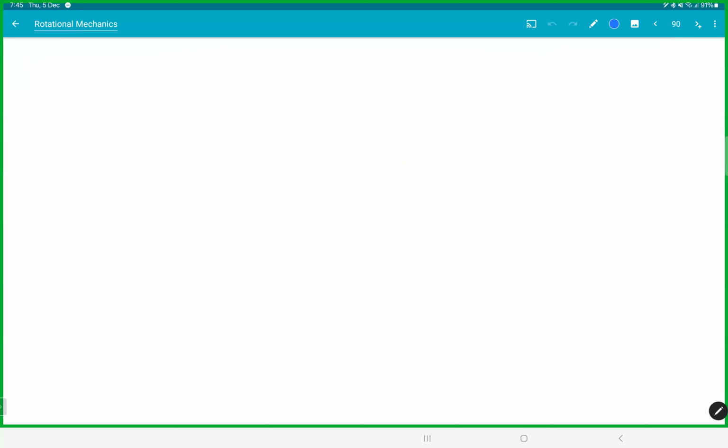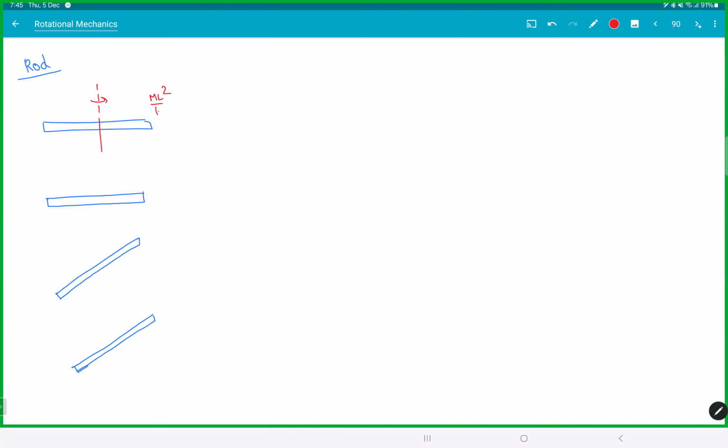Now let's put all the results together at one place. It'll be easy for you to revise. So if I take rod, if you have a uniform rod passing through the center, this is ml square by 12.